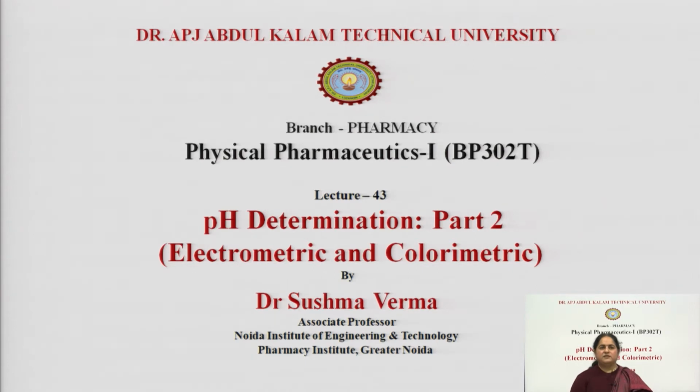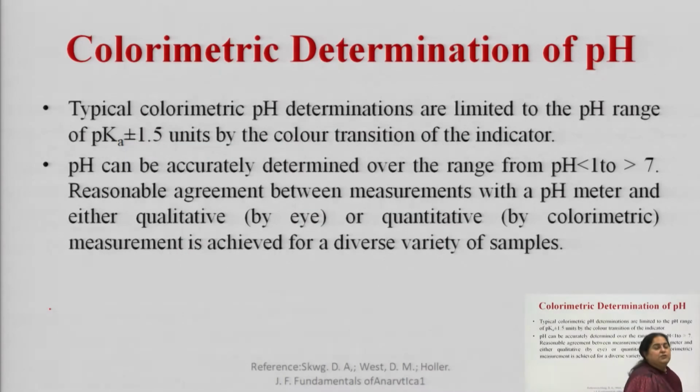We have already discussed the electrometric method, which is more prevalent for the determination of pH, and this colorimetric method is more of a primitive method, but some recent advances have been made in this part of determination. So, we will be taking them up in this lecture also. As compared to the electrometric determination, this is quite a primitive method of estimation.